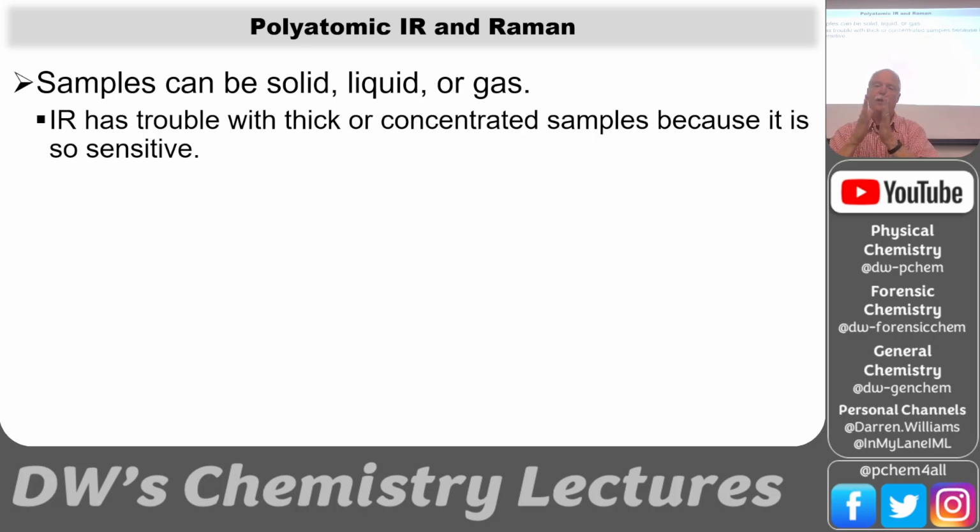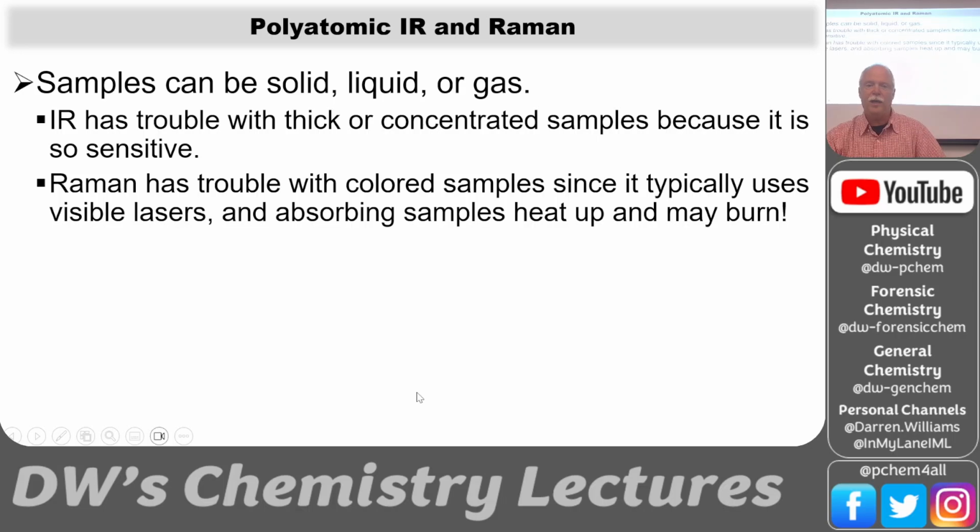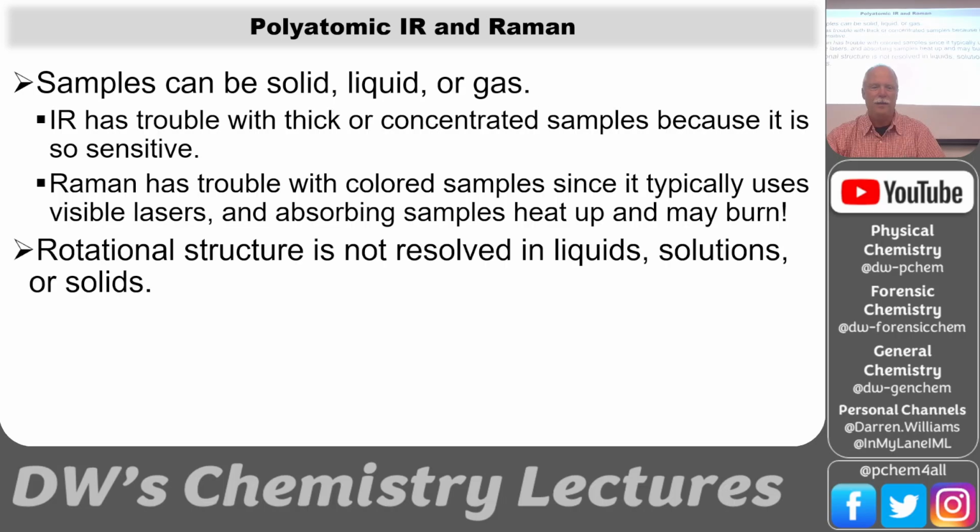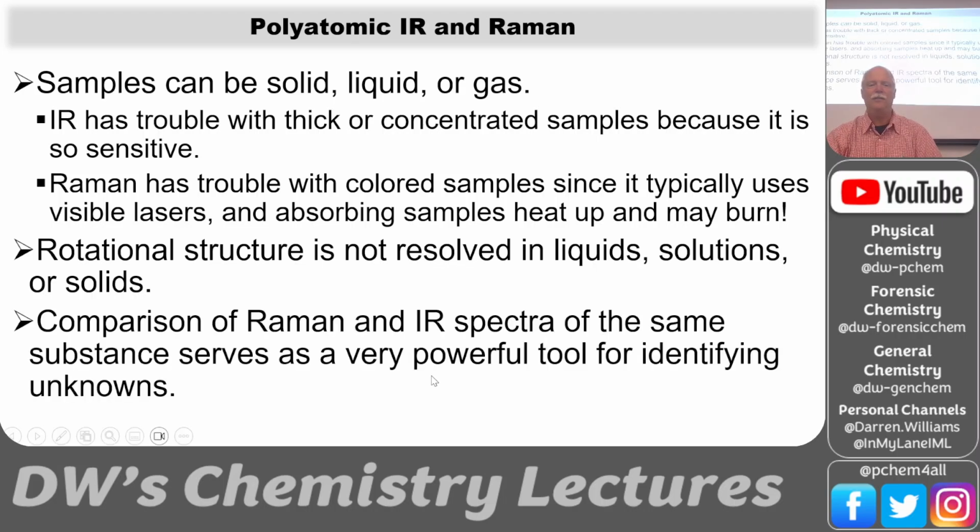And so you have to really not have thick samples or anything. Raman has trouble with colored samples because it uses visible lasers typically, and you can absorb that visible laser and heat it up and burn it. And then the rotational structure is not resolved in liquids or solids. So for rotational spectra, you need to have a gaseous molecule. You have to have a gas phase molecule.